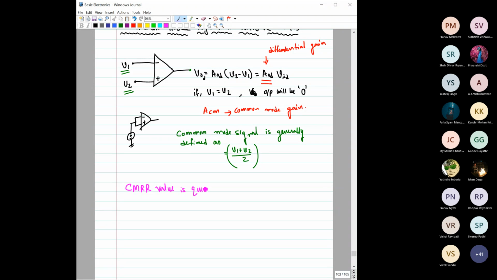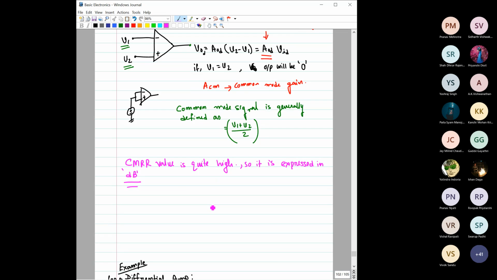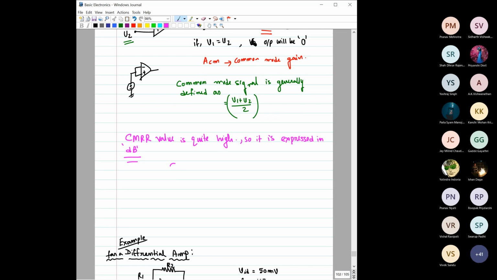So it is typically expressed in dB. Then what is CMRR?